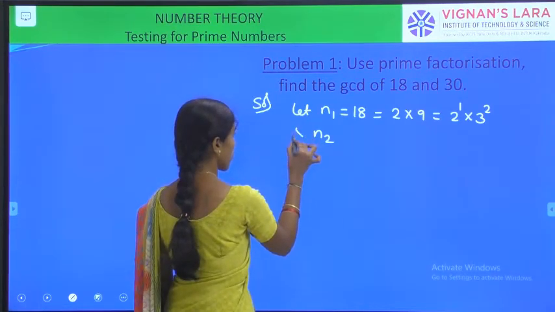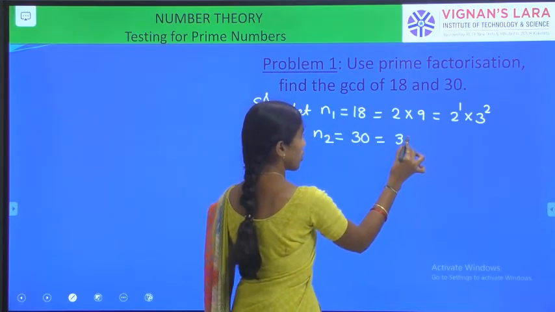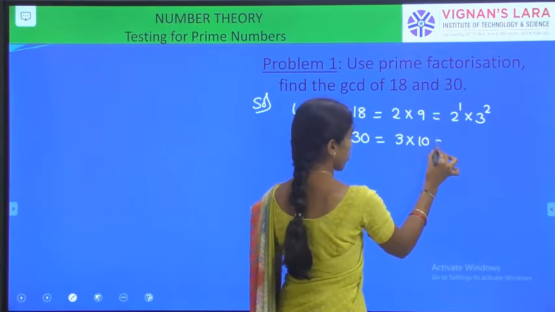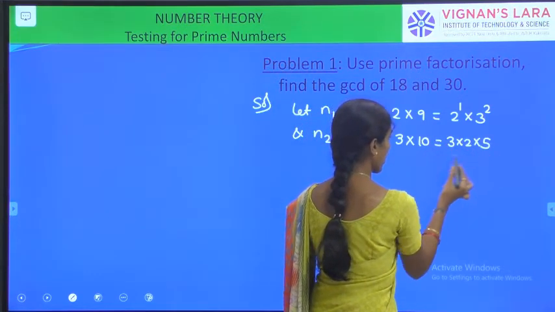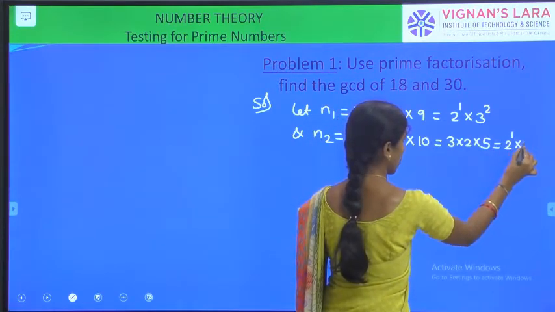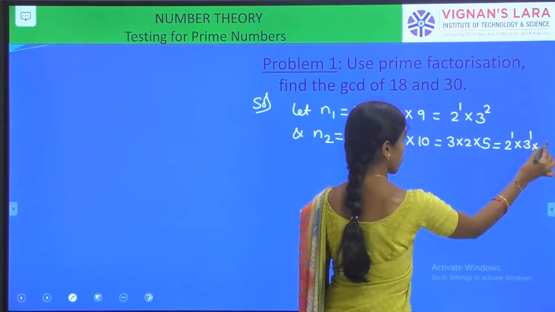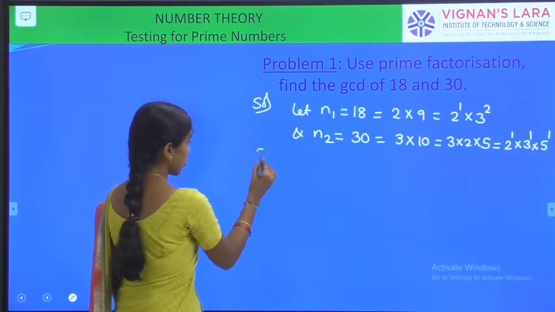Similarly, n2 is equal to 30. 3 into 10, 3 into 2 into 5, which can be written as 2 to the power 1, 3 to the power 1 into 5 to the power 1.